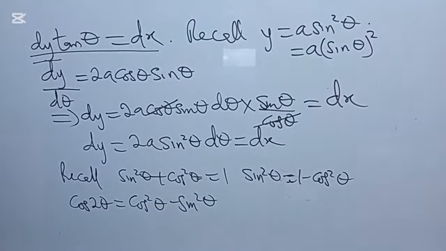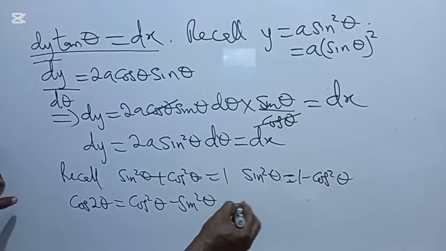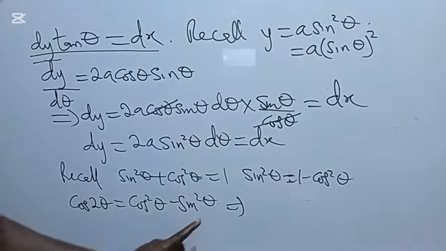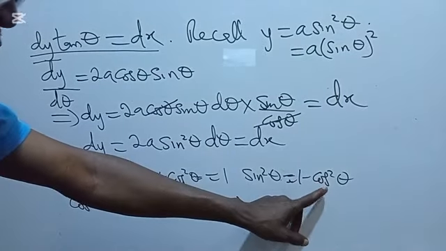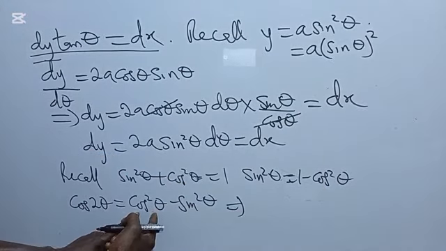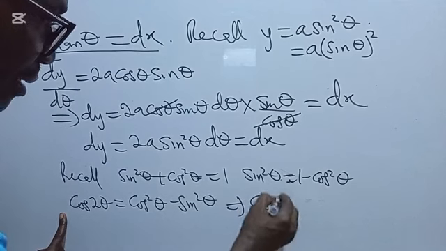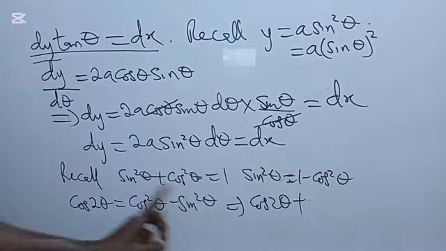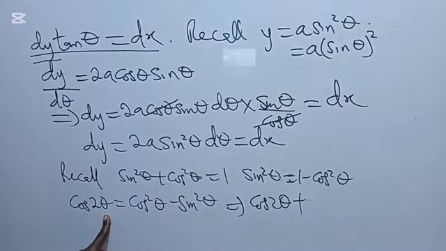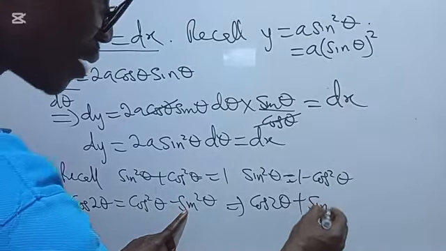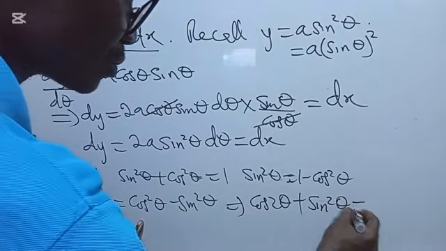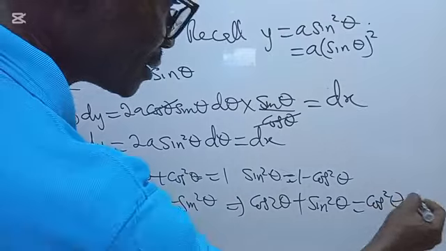Fine. So now we want to relate this with this. To get cos square theta now, this is very simple. It's the trigonometry that you are familiar with. I want to replace this cos square theta. So from the formula, cos 2 theta plus sine square theta equals cos square theta.